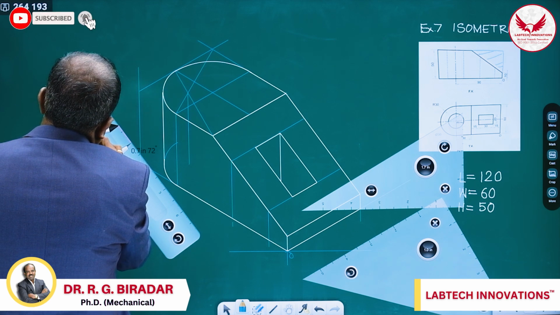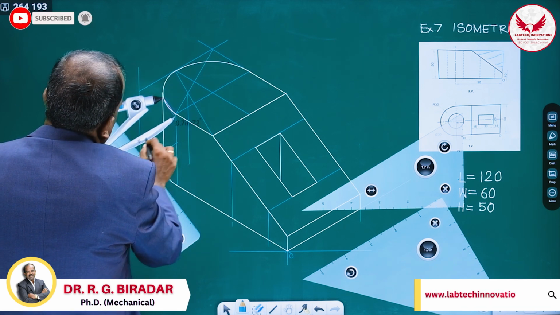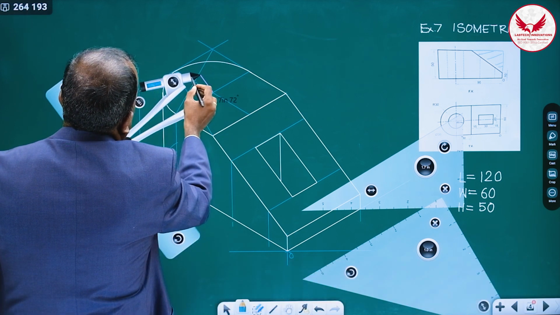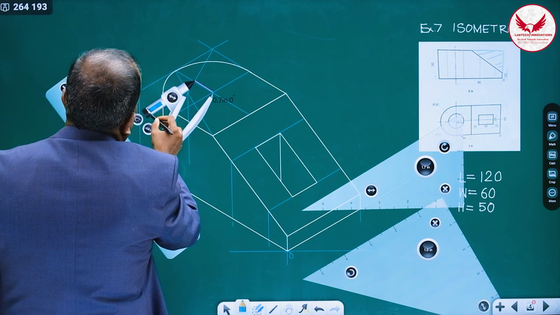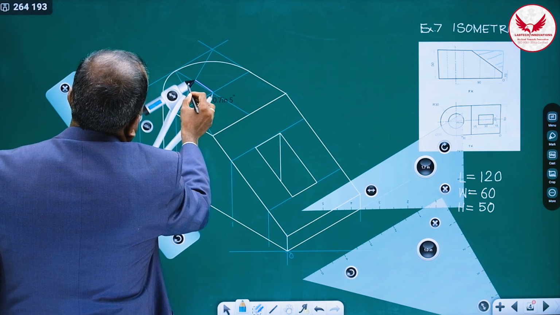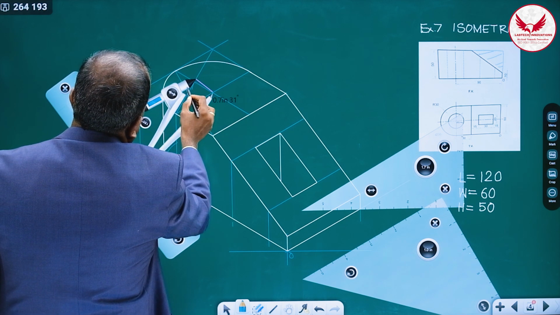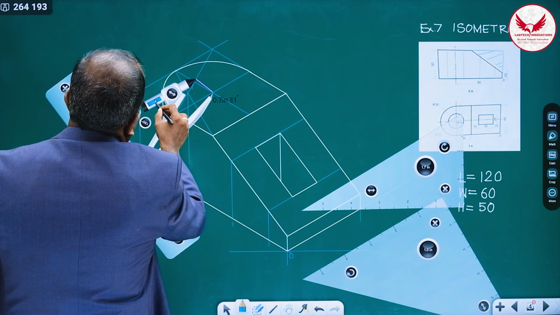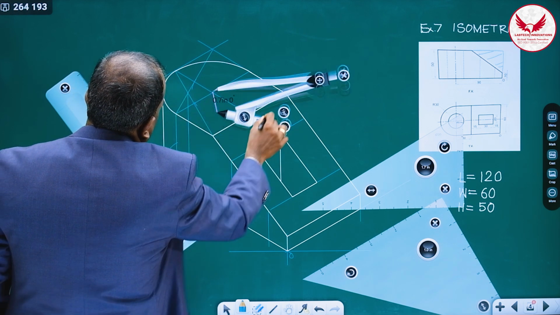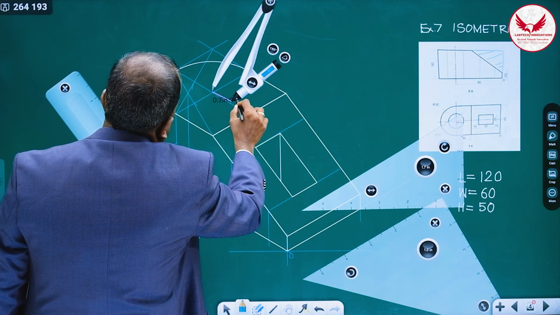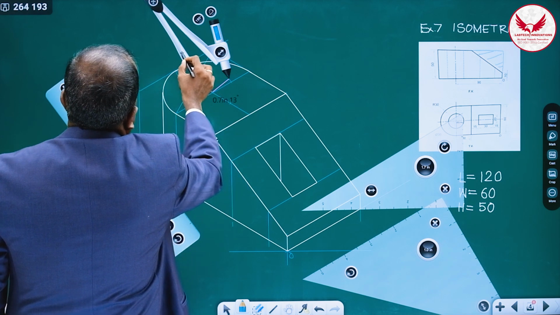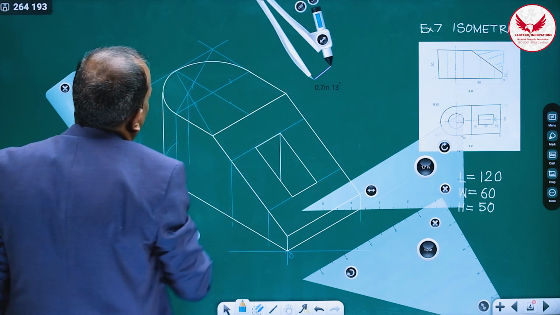So it is perfectly 15, and from the center, what do we have to do? We have to cut the arc on these 4 lines. It is 1, then 2nd, then 3rd, and it is 4th. So we'll get these 4 points.